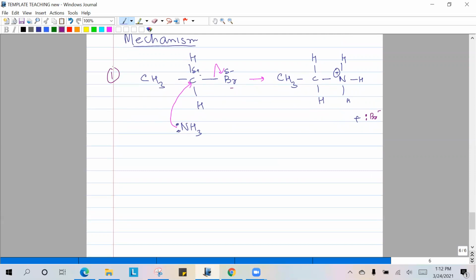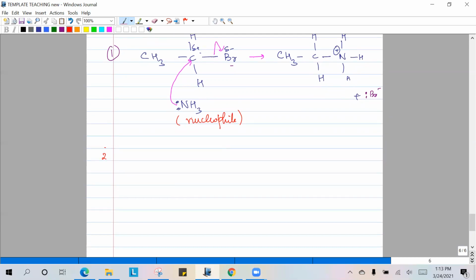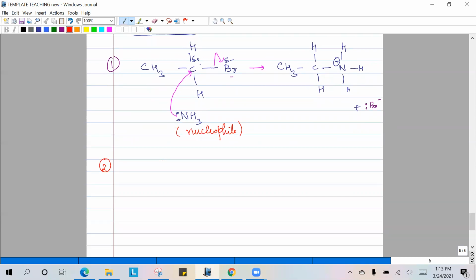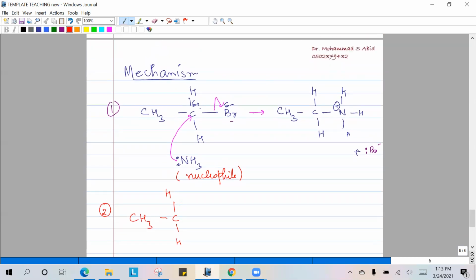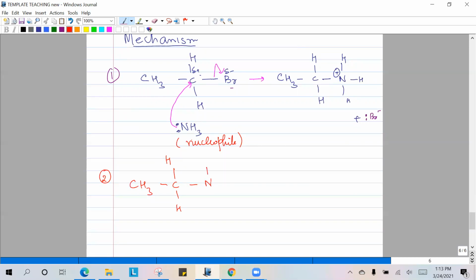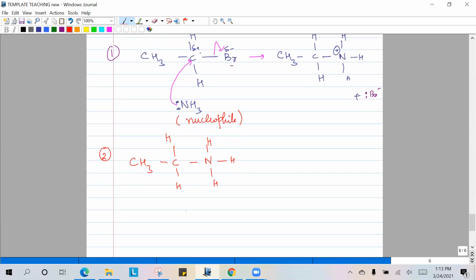So this is in the first step. And you can easily see the NH3 is attacking the low electron density center. So over here, the ammonia is behaving as a nucleophile. In the second step, what happens is your positive ion is further attacked by a second molecule of ammonia.